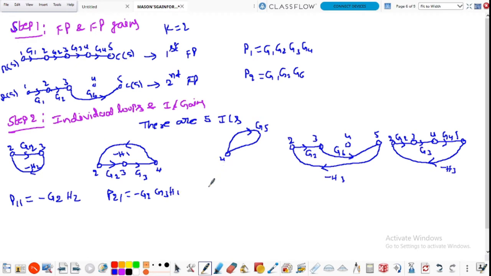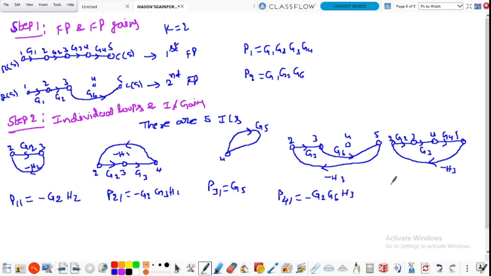This is the third individual loop, and its gain is denoted symbolically as P31. Here there is only a single node, starting at the fourth node and ending at the same node, so that gain is G5. Next, this loop gain is denoted as P41, equal to the product of this loop's branch transmittances: G2 into G6 into minus H3, minus G2 G6 H3.